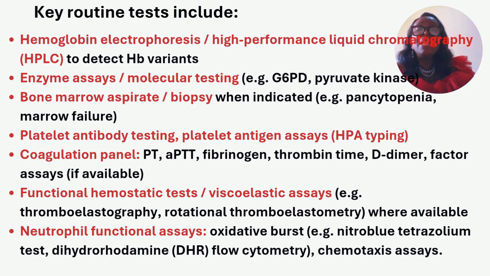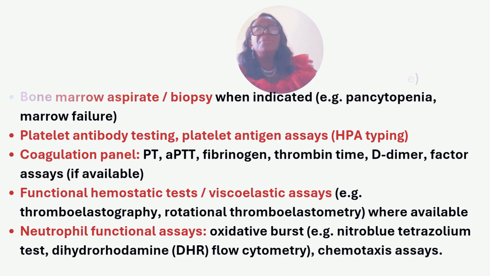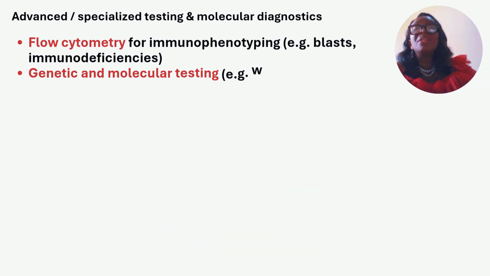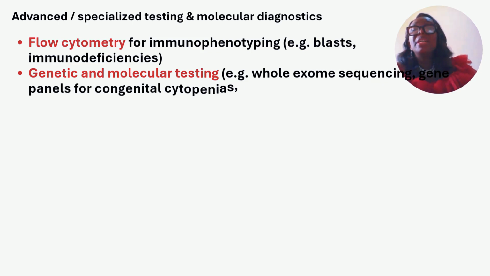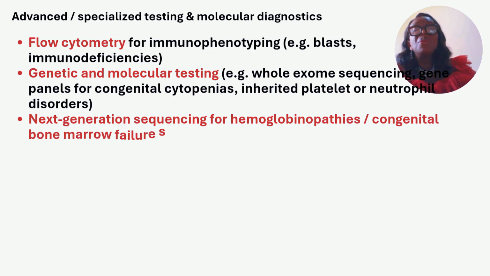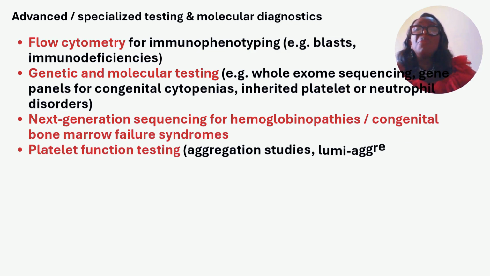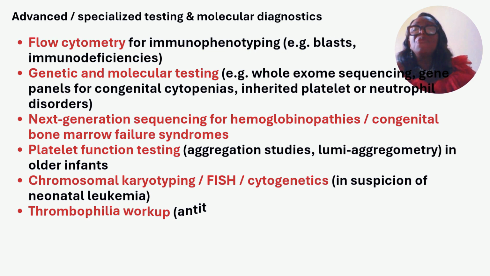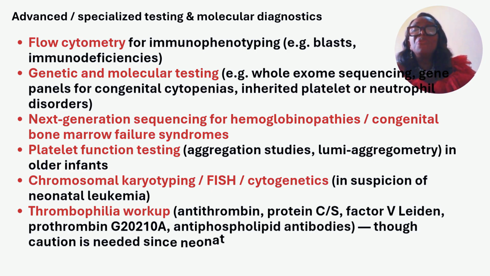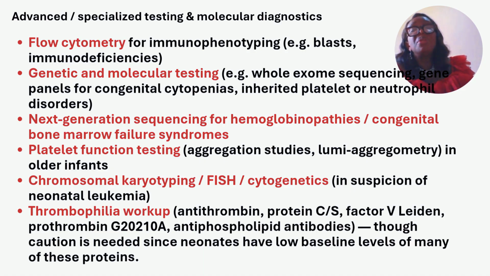Functional hemostatic tests and neutrophil functional assay can also be done. And then we have advanced or specialized tests: molecular diagnostics, flow cytometry, genetic and molecular testing, next generation sequencing for hemoglobinopathies, congenital bone marrow failure syndromes, platelet function tests, chromosome karyotyping, and thrombophilia workup where they are needed.